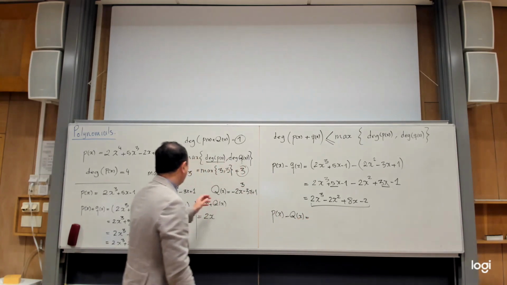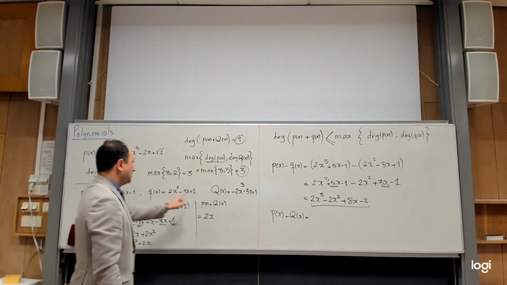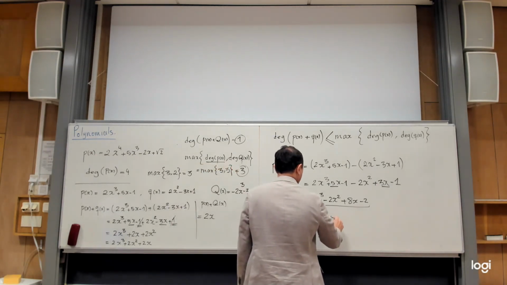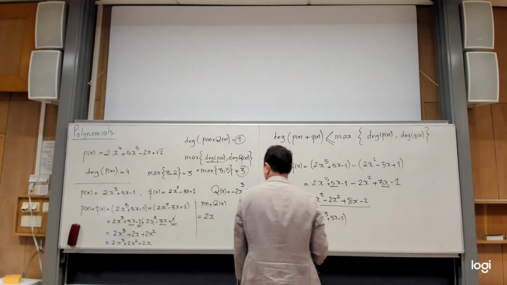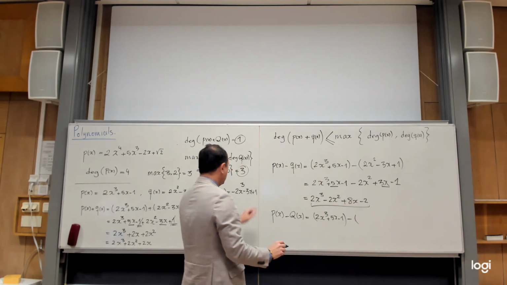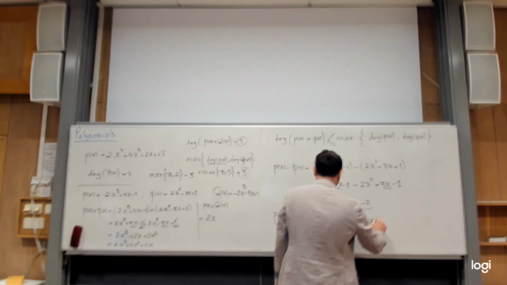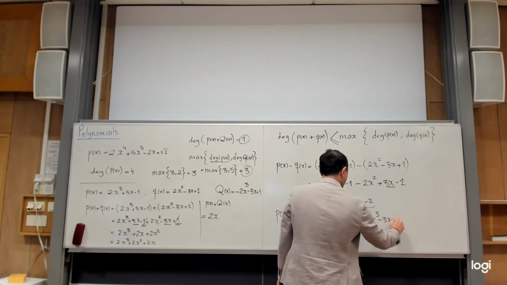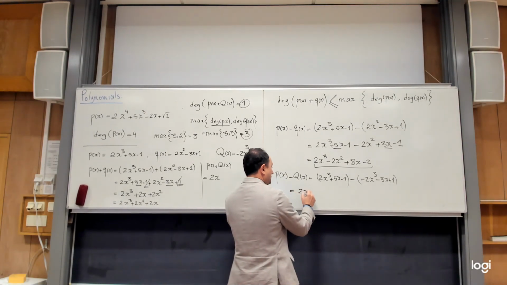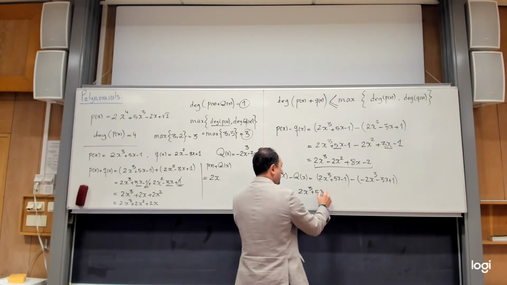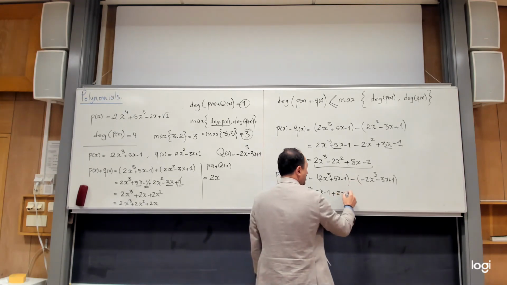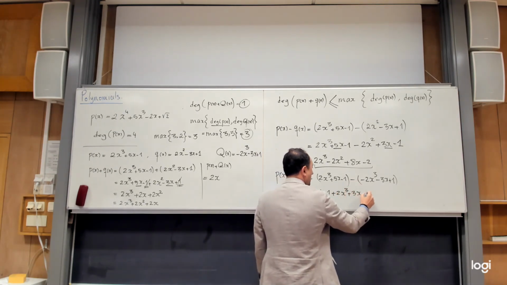So p of x is this polynomial, q of x is this polynomial, so I would write 2x to the power of 3 plus 5x minus 1, and then I would write minus this polynomial, which is minus 2x cubed minus 3x plus 1. And then I just remove the pair of brackets here, so it becomes 2x cubed plus 5x minus 1. I multiply the negative sign in, it becomes positive 2x cubed, positive 3x, minus 1.